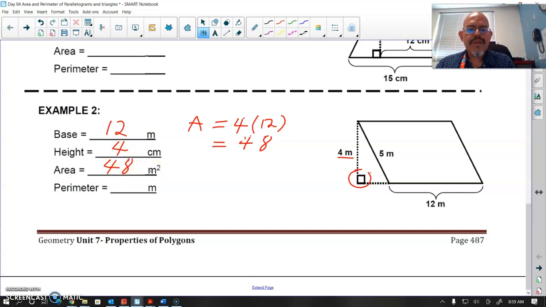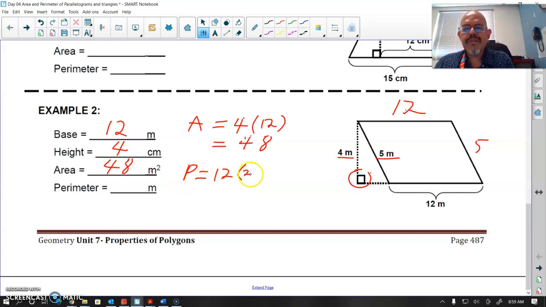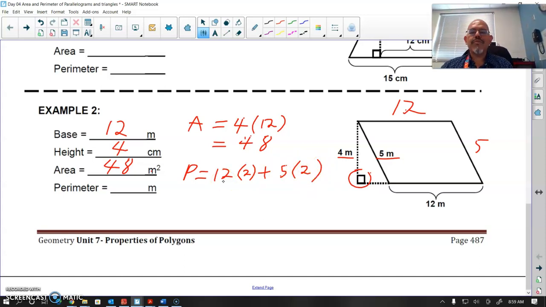And our perimeter, well, we have our 5, so we have another 5 here, and of course we have a 12. So the perimeter is going to be 12 times 2 plus 5 times 2, which is 24 plus 10, 34 units.